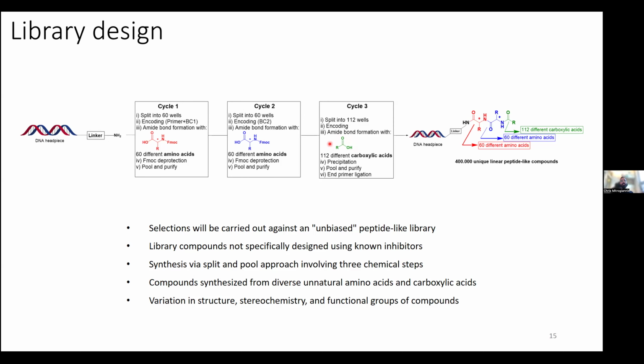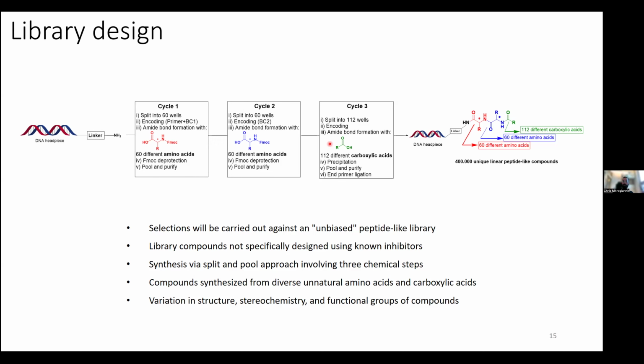And right now, this library is synthesized, and pretty soon we are going to do some selection experiments against some LpxH variants, but also some other targets that usually are used as benchmarks, like carbonic anhydrases and soluble epoxide hydrolases and so on.